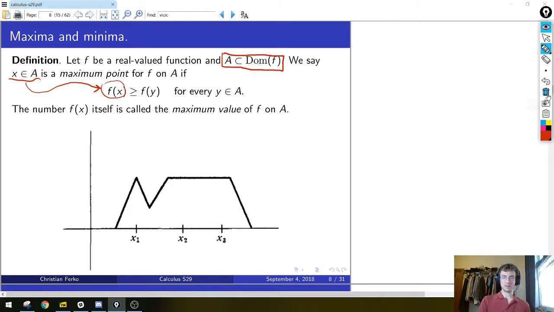I've drawn an example. We should be very careful about several points of this definition: one, the greater than or equal to, and two, that we have no guarantee that x is unique.